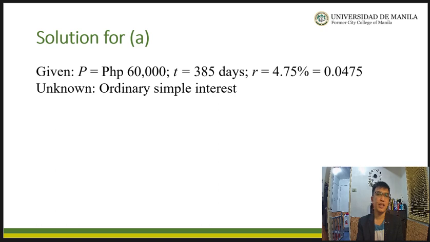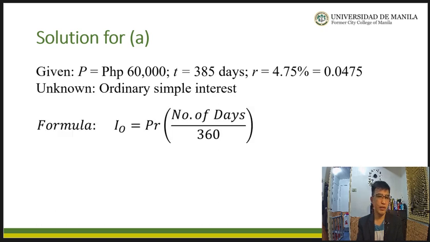Okay, so the formula for the ordinary simple interest is just the same. But again, the difference here is that time is now in terms of days, which is the number of days divided by 360, because we are talking about ordinary simple interest.